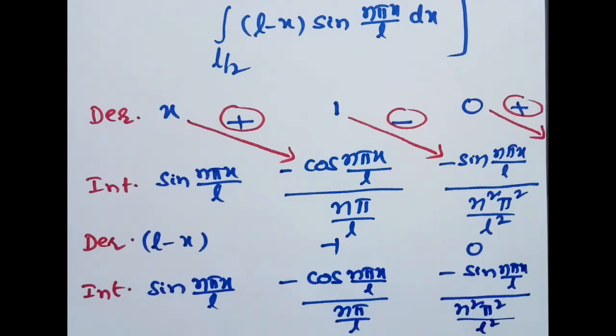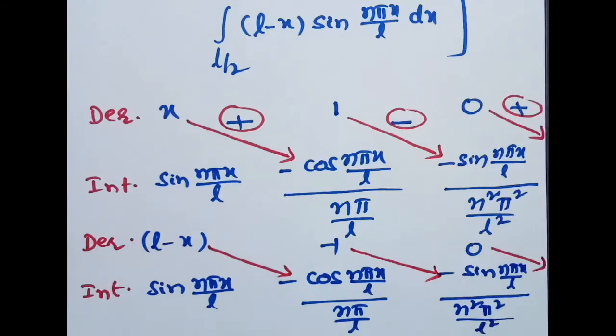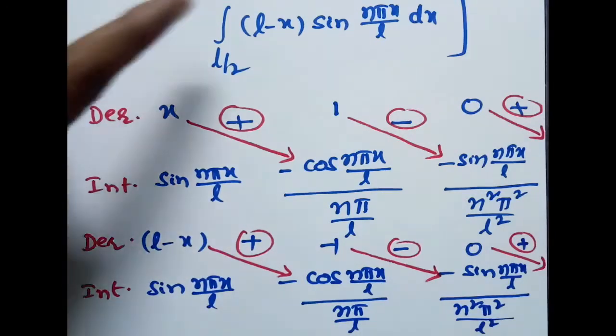Arrow marks alternate plus and minus. Multiplication of these two, multiplication of these two, and multiplication of 0 and a finite value becomes 0. Plus sign, minus sign, plus sign, alternately. This is the integration of the second integrand. Now write down these integrations and substitute in the above equation.